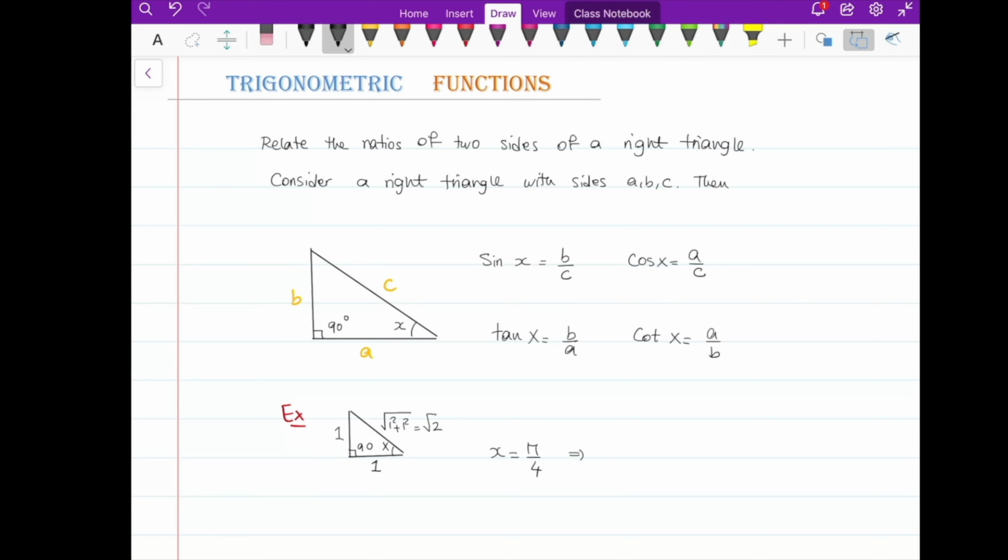And based on that, sine of pi over 4 would be 1 over root 2, the hypotenuse. Then cosine of pi over 4 is equal to 1 over root 2 again.